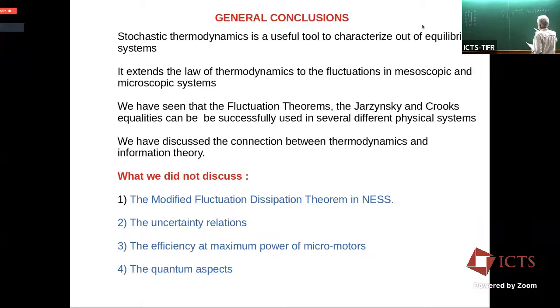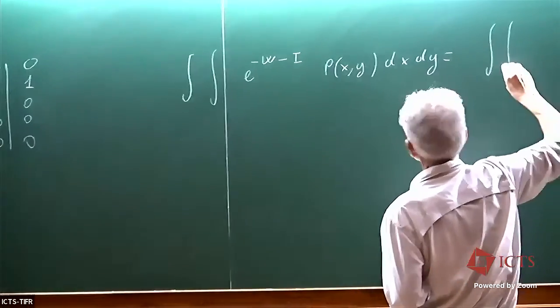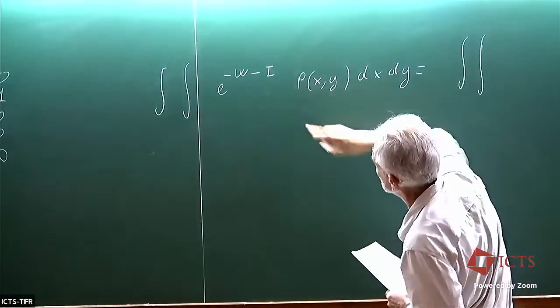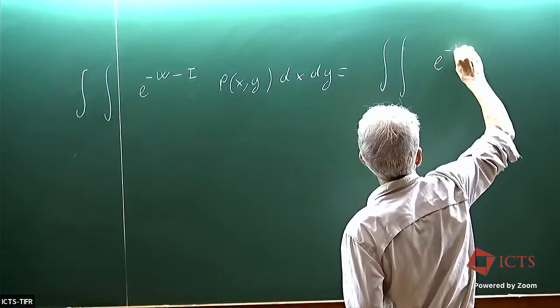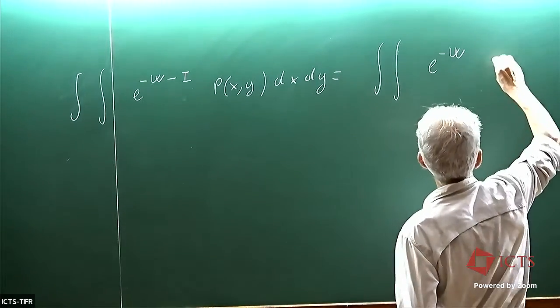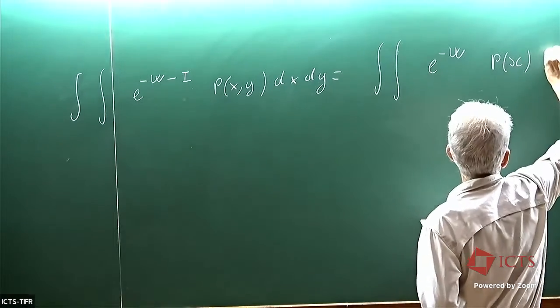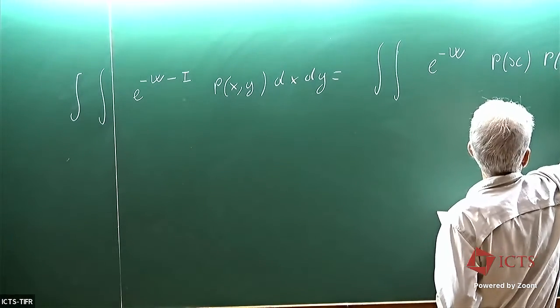And now you see that by my definition of information based on the mutual information, I can replace this, and then you see it is minus W. And then it's easy to see that what remains is P(x), P(y) in dx dy.